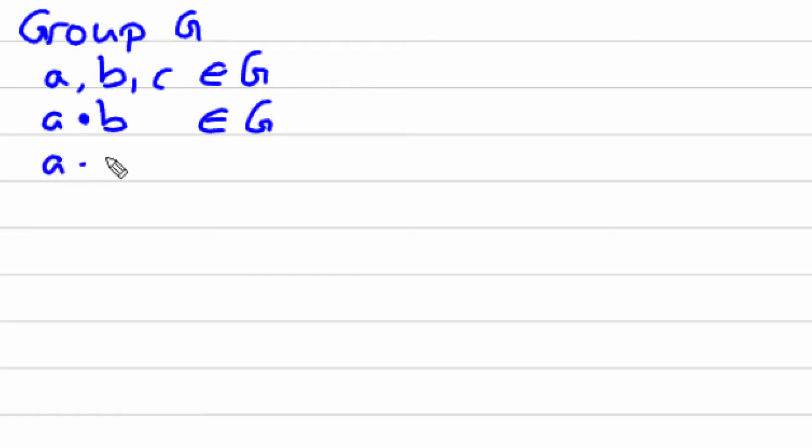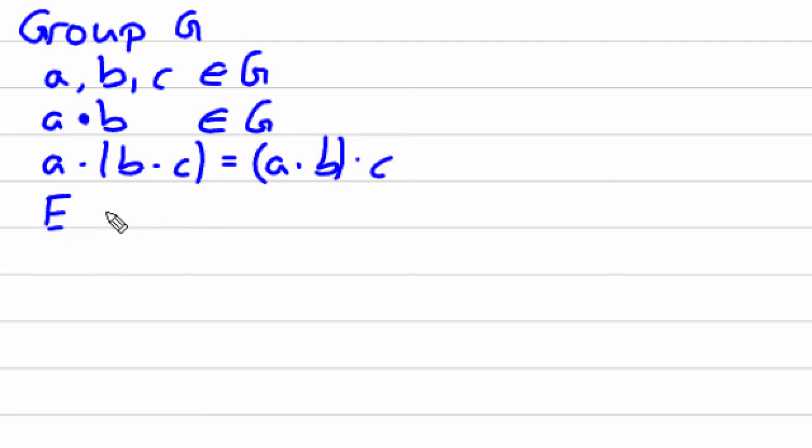In addition, the associative law is valid, meaning that A times, in brackets, B times C is equal to A times B, in brackets, times C. Every group has an identity element, which we write down as E, or sometimes in literature you will also see a 1.